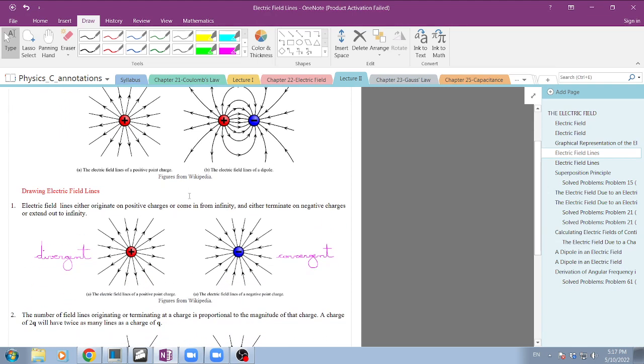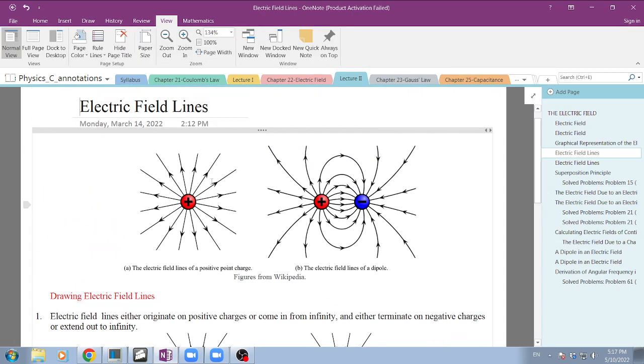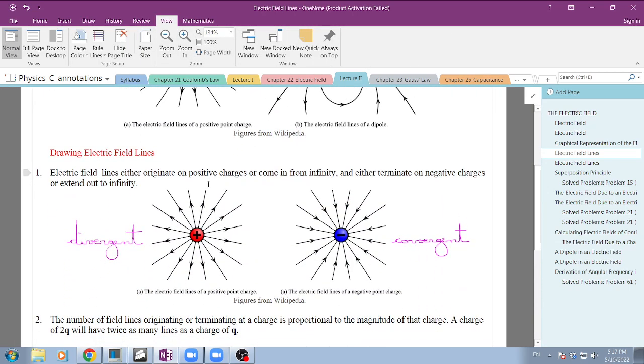So I'm going to explain briefly the rules that we have to draw the electric field lines. First of all, guys, the electric field lines have only two options. They originate in a charge, or they converge to a charge.